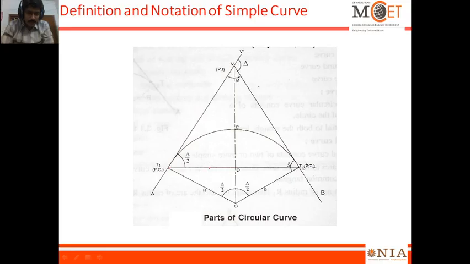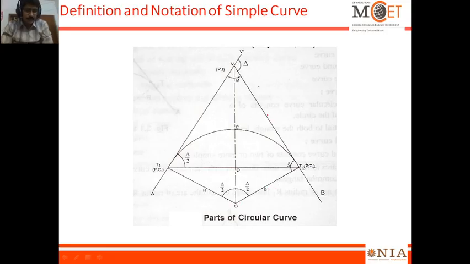So this line becomes the long chord of the curve, and this is the length of the curve. The point O is the origin from where the curve can be drawn, so this becomes the radius of the curve.